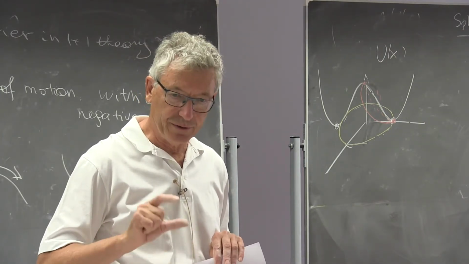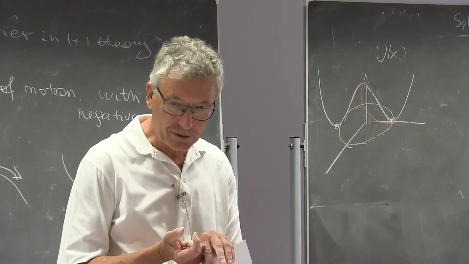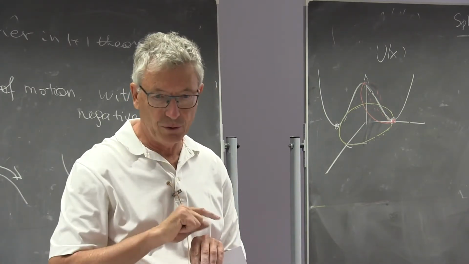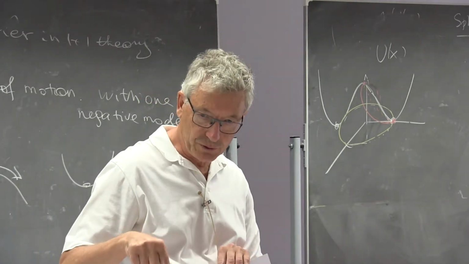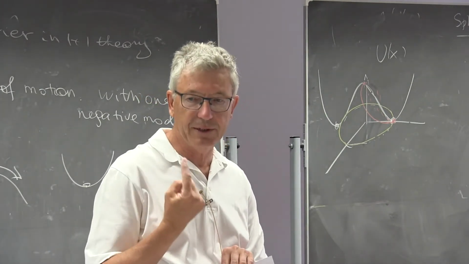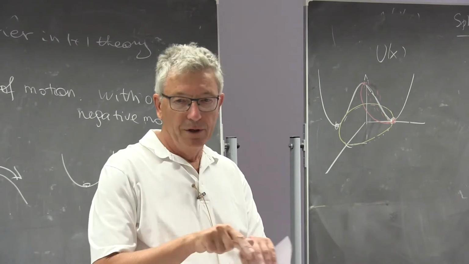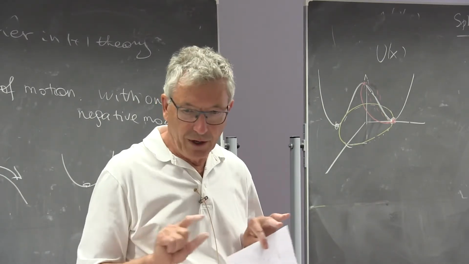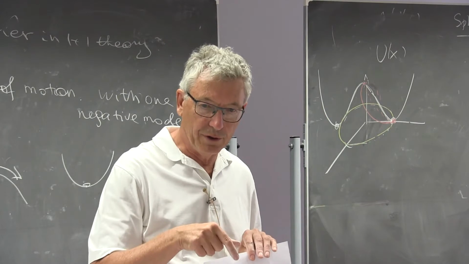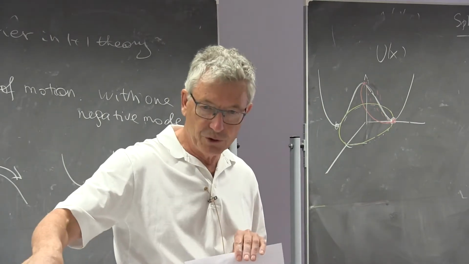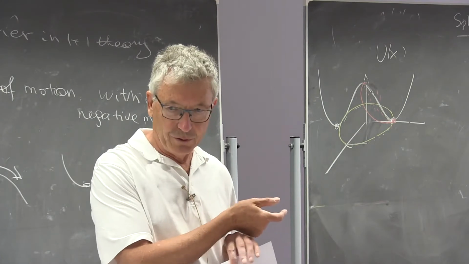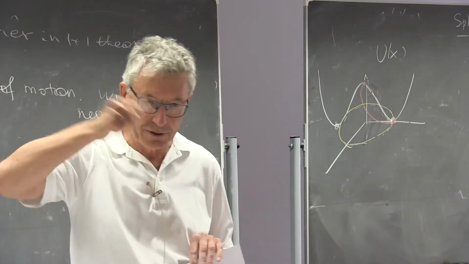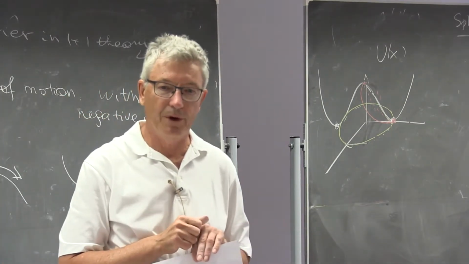You can check locally, computing deviations from this solution. If you find exactly one negative mode, then this is a good solution locally. Other solutions might exist which are even better than this one, and this is not excluded.